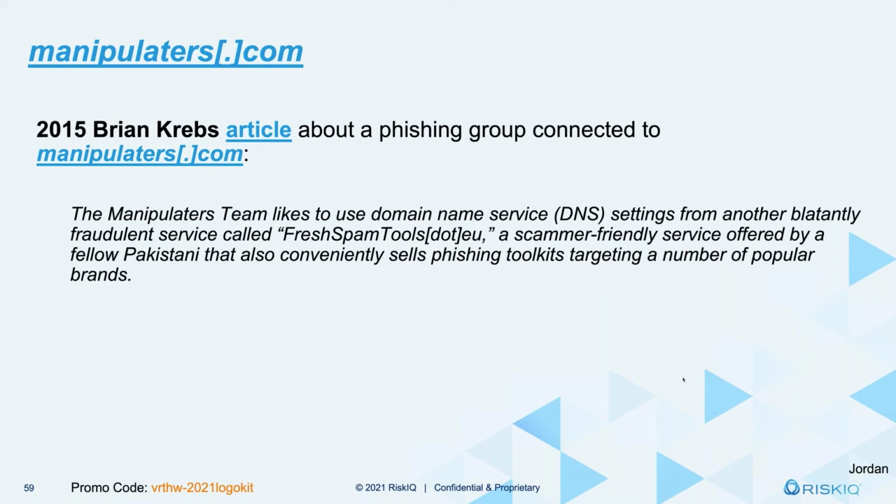It's a scammer-friendly service offered by a fellow Pakistani that also conveniently sells phishing toolkits targeting a number of popular brands. I believe that manipulators.com is actually directly the same actor group, using their own sort of DNS services in this case.